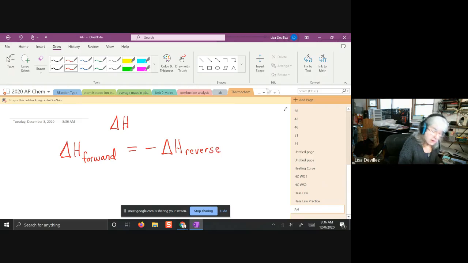So if I flip a reaction so that the products become the reactants, the magnitude of the delta H stays the same, but the sign changes.